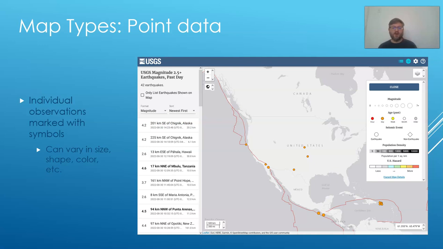But if there were non-earthquake seismic events, so if there was something that triggered the seismometer, that caused some sort of shaking in the Earth that was not an earthquake, they would mark that with the diamond shape that you can see there. So point data, you're just taking each observation you have about the world and you're sticking a point on the map to show us where it is and show us information about that point.